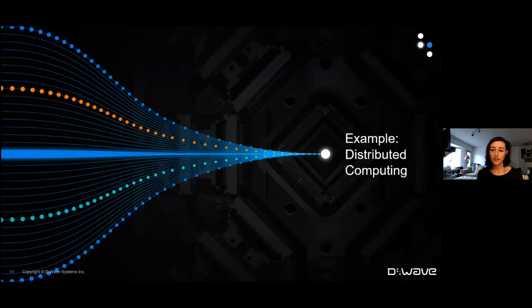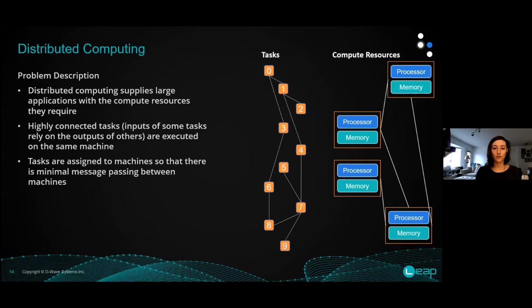Okay, now that we've looked at what hybrid solvers are and looked at some use cases, let's take a look at this example of distributed computing. So for distributed computing, typically you have a really large application that is too big to just run on a single compute resource.